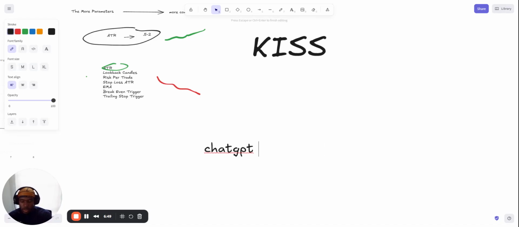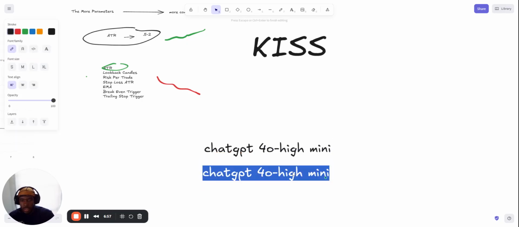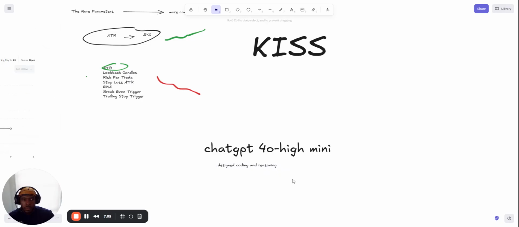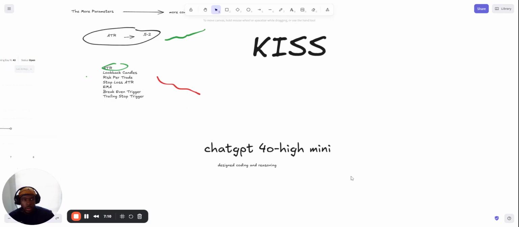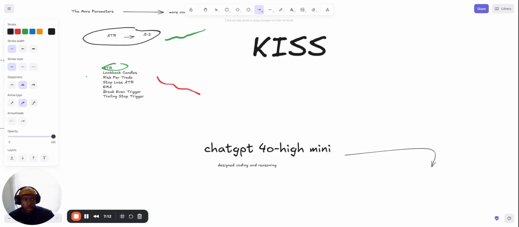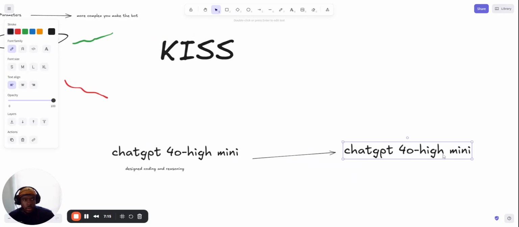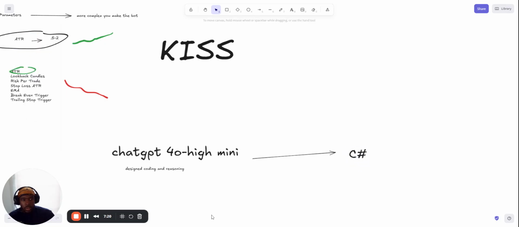It's a ChatGPT 4.0 high mini, designed for coding and reasoning, and I just use this to help write it in C sharp, and then I put it directly into the NinjaTrader strategy scripter.